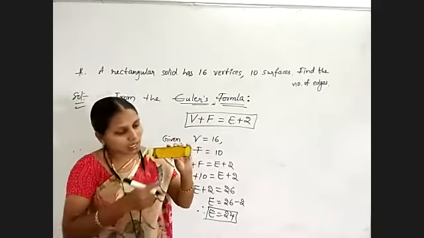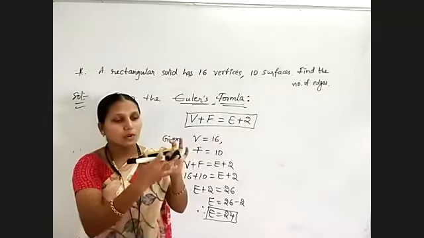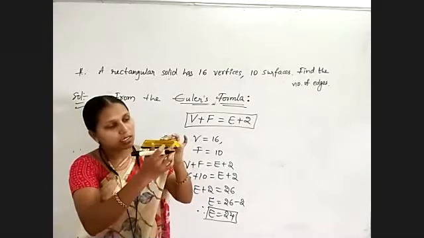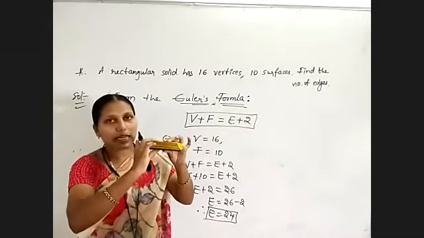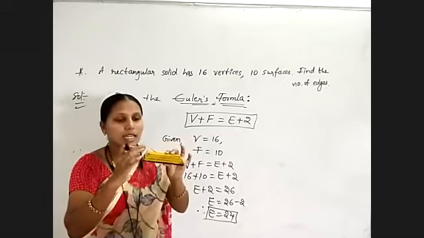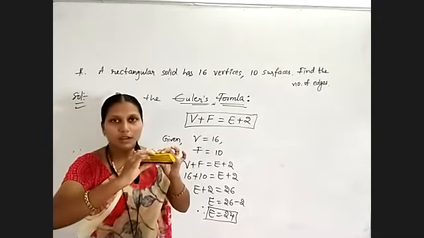How many edges are there? First face, 4 edges. Here also 4 edges. 8. And this one upside, 9, 10. These two are already covered, above and below. Again another side, 11, 12. These two are already covered.